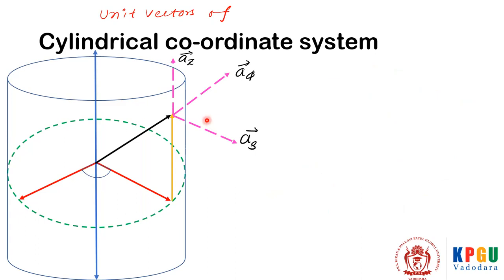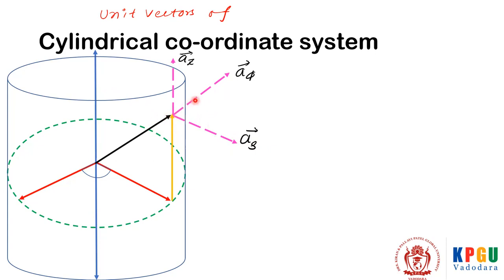Now, what is this A rho? A rho is the unit vector acting away from the center line along the radius. Suppose I draw a radius joining the center line to the point P, and I point it radially outward, that is the direction of A rho. It is the direction in which the radius is increasing, and it is perpendicular to the surface of the cylinder.